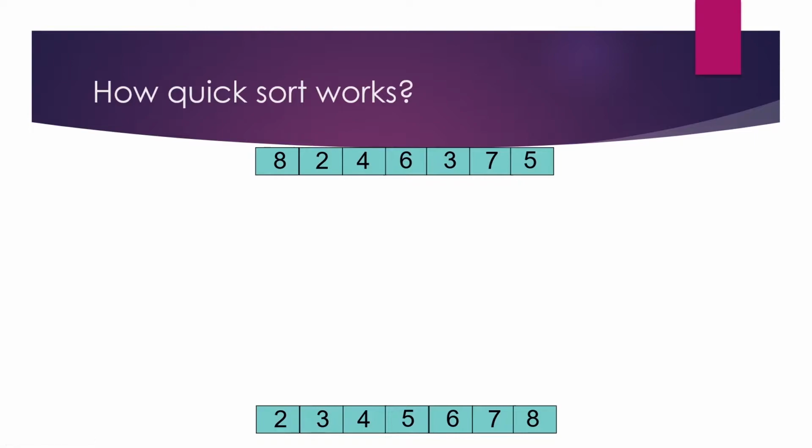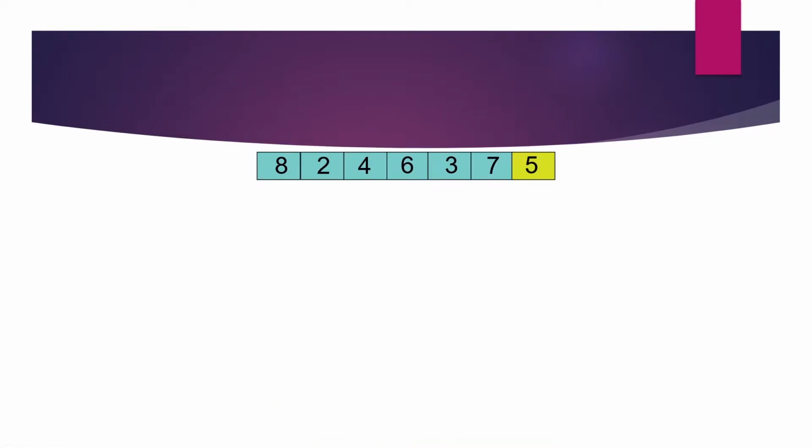So what quicksort will do is it will select an element as a pivot. This can be any element. In my case, I prefer the pivot to be the last element in the array. So I will choose 5 as the pivot.